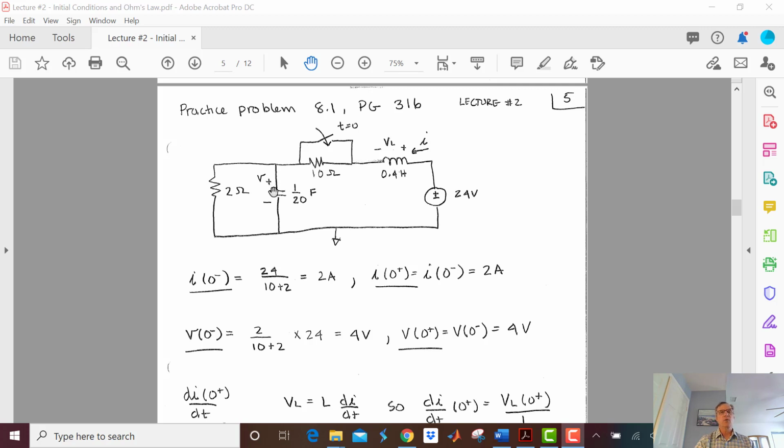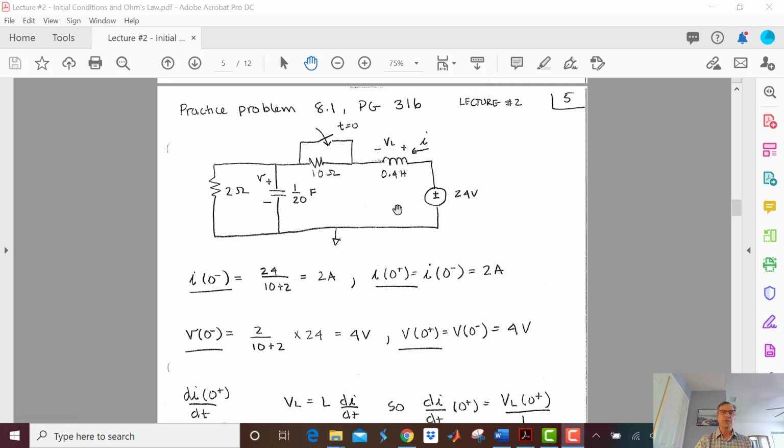And I have no current through the capacitor, so the 24 volts goes right through that 2 ohms. So 24 divided by 10 plus 2, 24 divided by 12, gives me 2 amps at t equals 0 minus.